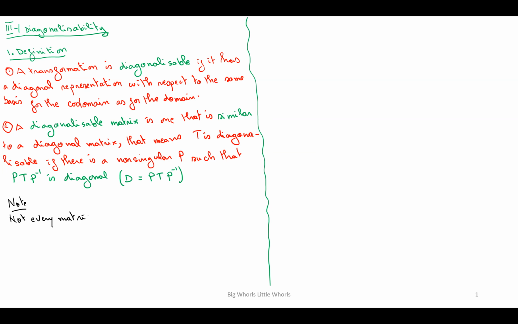Every matrix is similar to a matrix, but not necessarily to a diagonal matrix. Let me finish the theoretical part with the following lemma, and then we will go straight away to the tutorial. So number 2, let us see the following lemma.